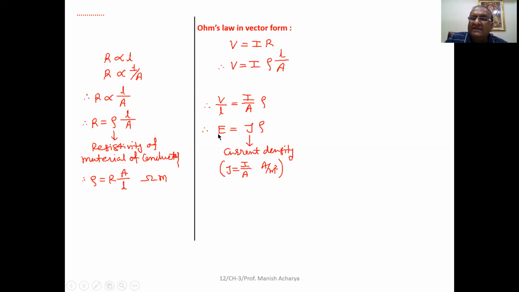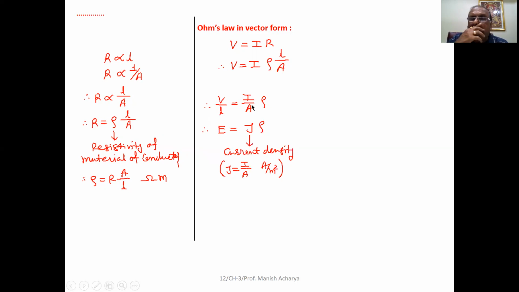Now V by L is the electric field. In the previous chapter, we discussed V by d. Here the potential difference is applied across two ends of the conductor and the length of the conductor is L. So V by L is E, the electric field developed in the conductor.